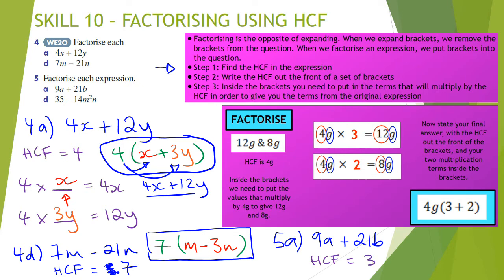So we put 3 at the front of a set of brackets. The terms that we need in the brackets will be 3 times 3a gives 9a, and 3 times 7b gives 21b. So this is our final answer. 3 out the front of 3a plus 7b.